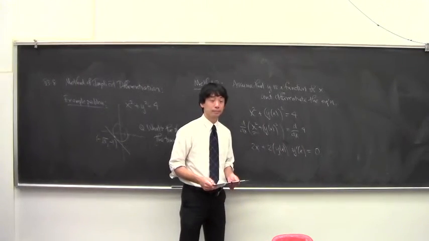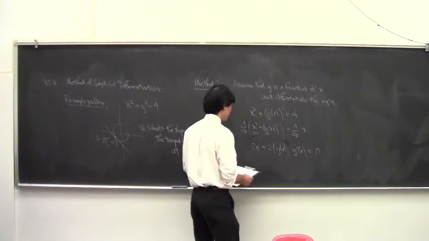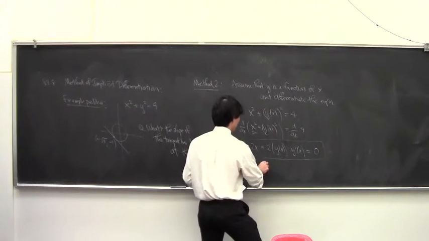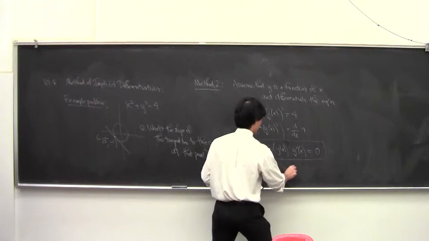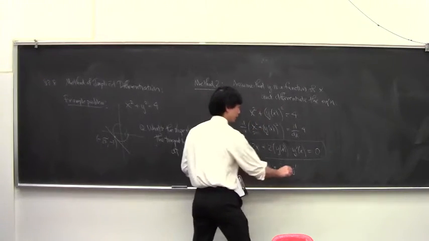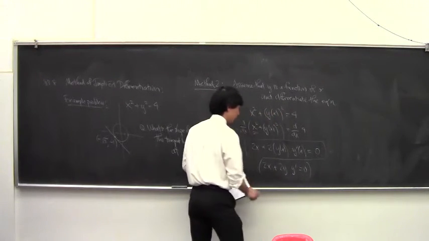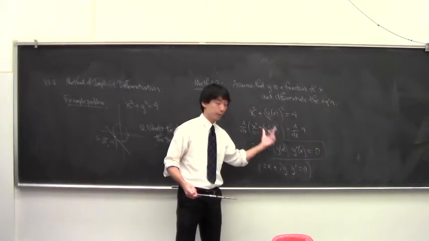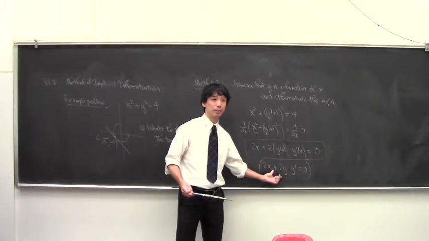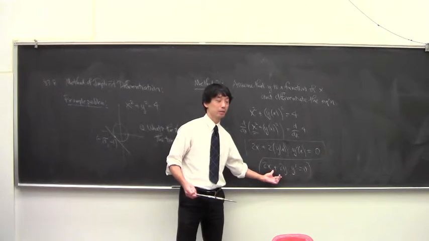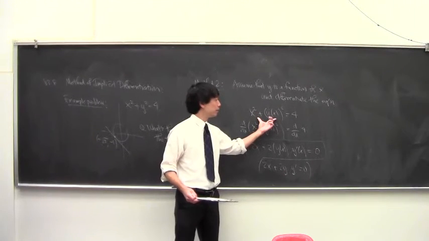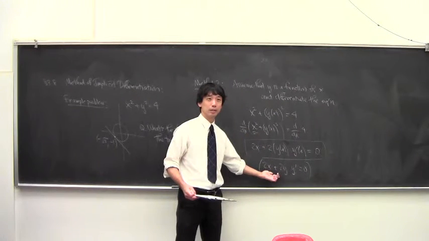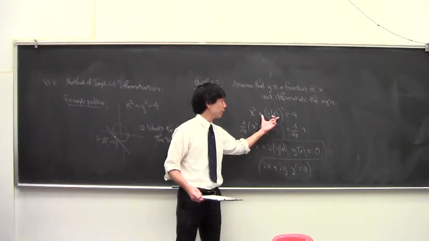Then you solve for it. So I have this relation between x, y, and y prime. I took this thing and differentiated it with respect to x, and I got this relation.